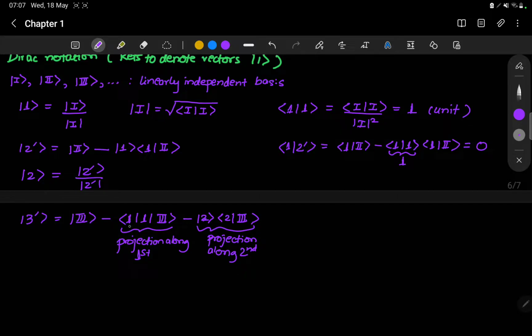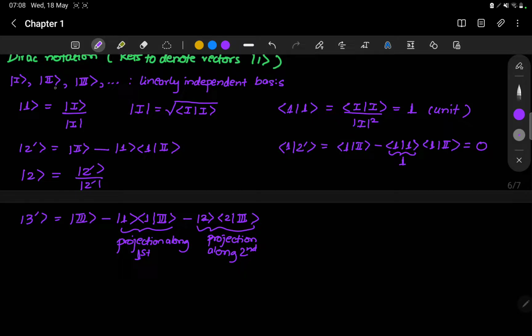Note that here I have made a mistake in the notation. This is taking projections, so like this we will denote. Note that we are subtracting the projections along the orthonormal vectors. This 1 and 2 in the normal numeric format is not the original basis vectors we had.